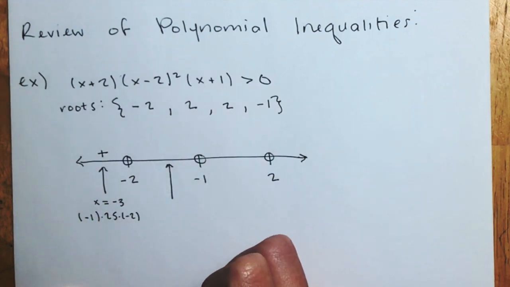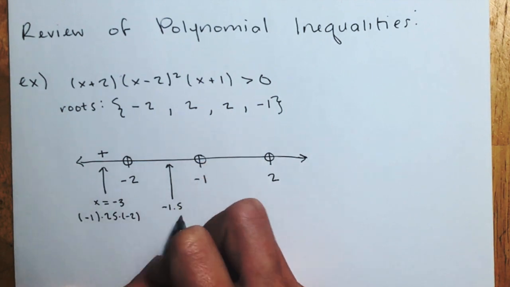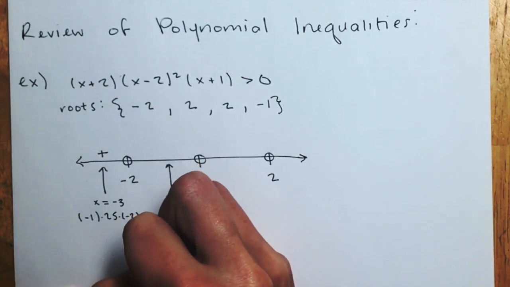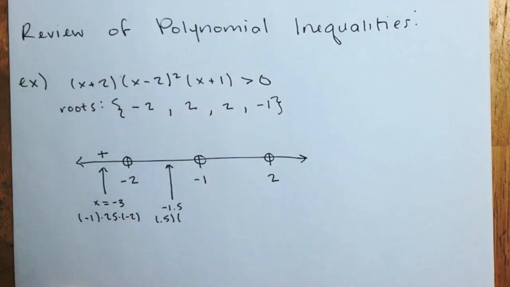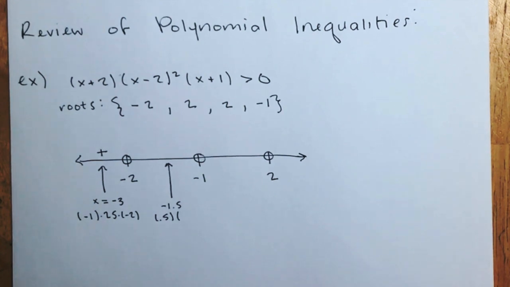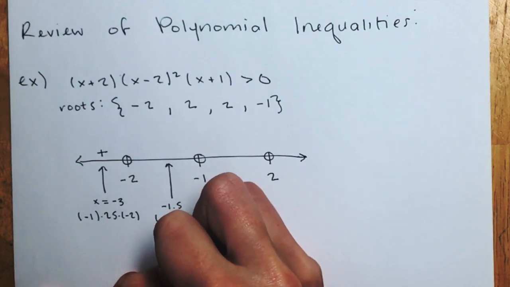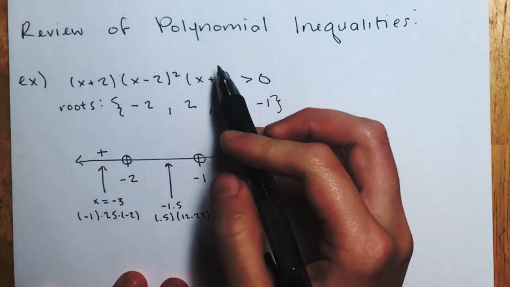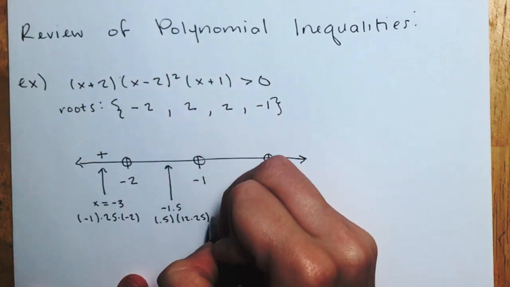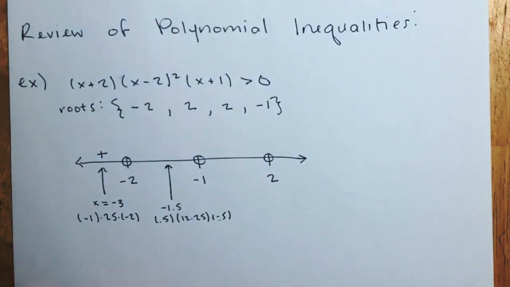Between -2 and -1, probably would test -1.5. -1.5 plus 2 is 0.5. -1.5 minus 2 is -3.5. If we square that, we get 12.25. And then -1.5 plus 1 gives me -0.5. So overall, I get just this negative times 2 positives. So this is going to end up being negative.